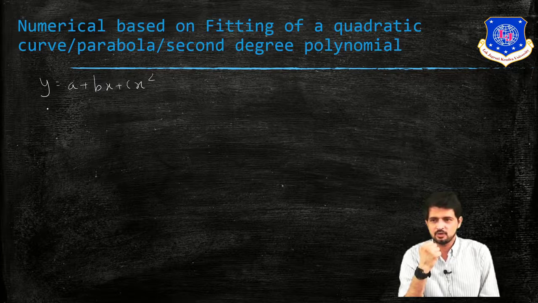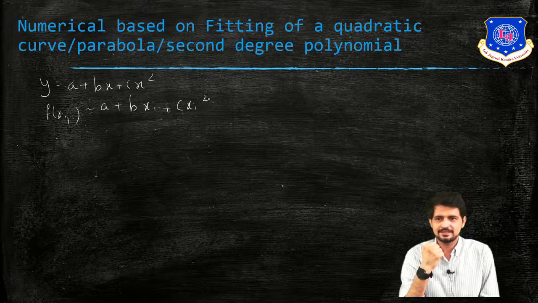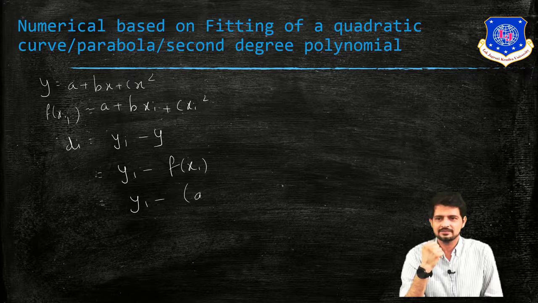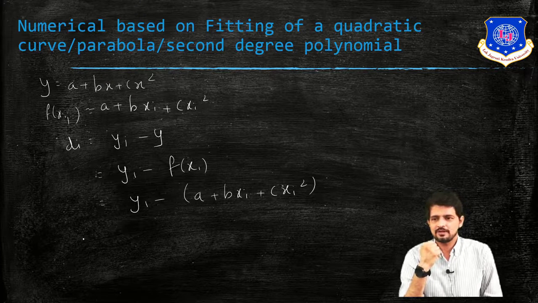If I want to write this equation at xi, my f of xi will be a plus bxi plus cxi square. How can I find the residue? Residue di is equal to yi minus y. It can be written as yi minus f of xi. So I can write it like this: yi minus, in bracket, a plus bxi plus cxi square.